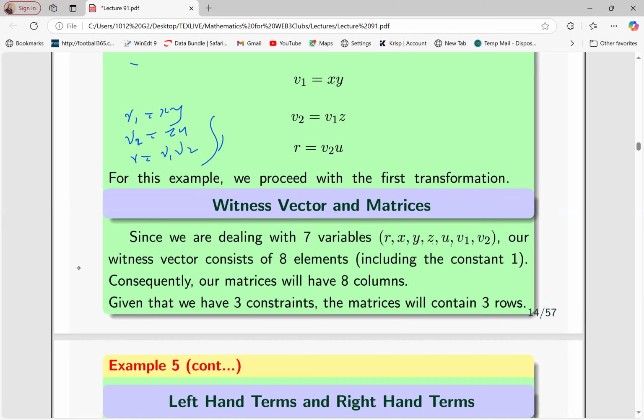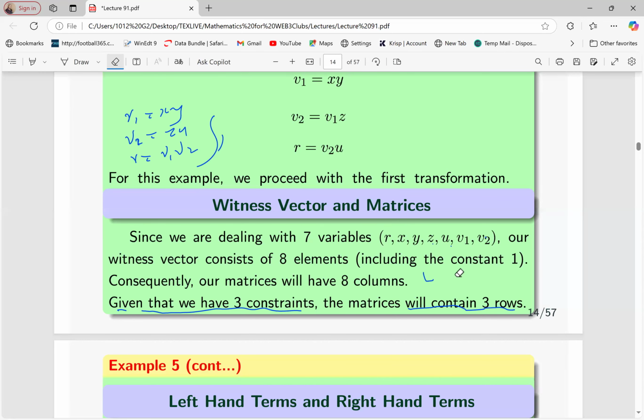I can see three equations, meaning that my matrices would have three rows. That's what I've written here. I've said, given that we have three constraints, the matrices would contain three rows each. So L would have three rows, R will have three rows, and the output matrix will also have three rows.